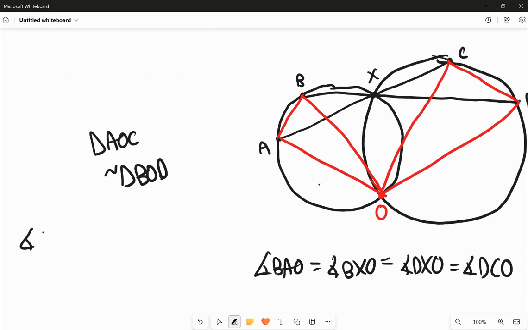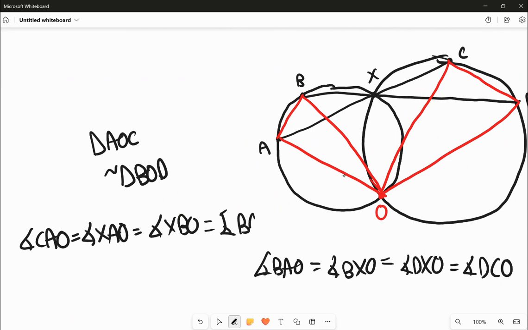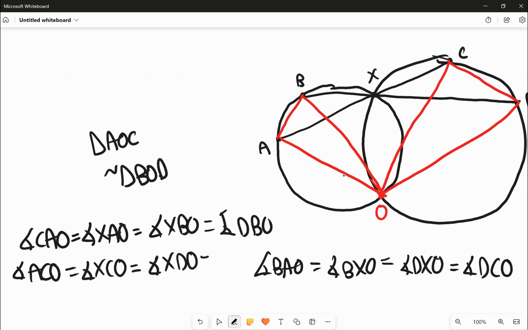So directed angle CAO is equal to directed angle XAO, which is directed angle XBO, and this is also directed angle DBO. And as for directed angle ACO, this is equal to directed angle XCO because of the cyclic quadrilaterals.